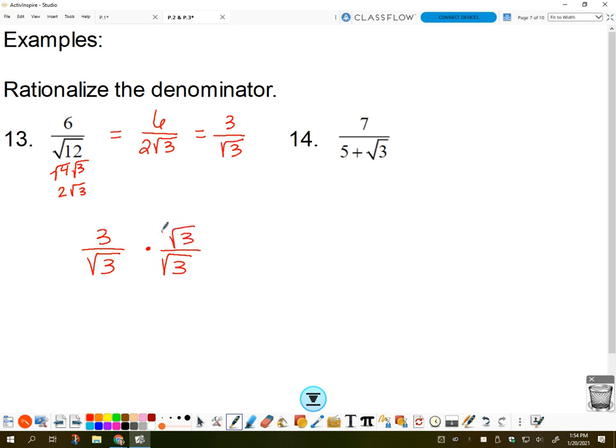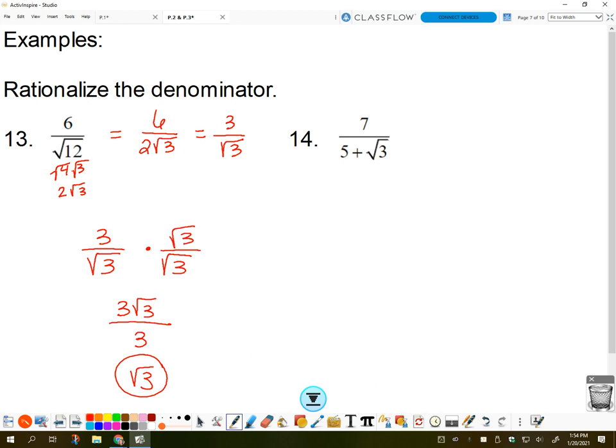So on top, when I multiply a regular number by a radical, they just literally sit beside each other. On the bottom, you get the square root of 9, because 3 times 3 is 9, which is 3. And usually you can stop here, but you see this one, you actually have these 3's that will divide. So if you divide those off, then we end up with just root 3 as the final answer.